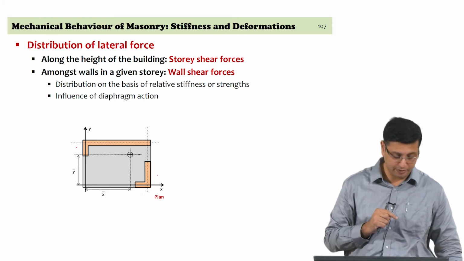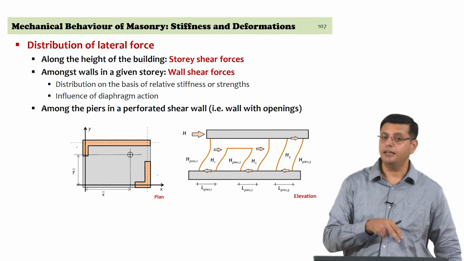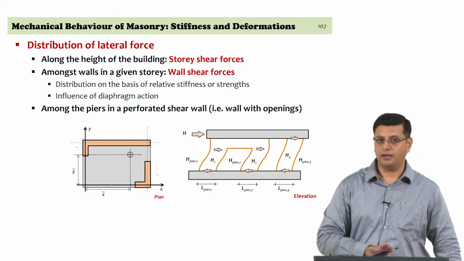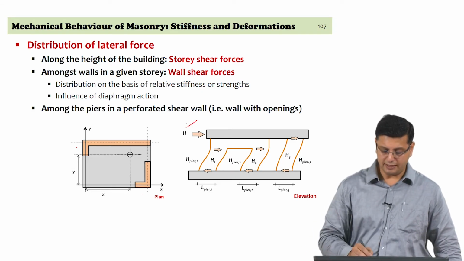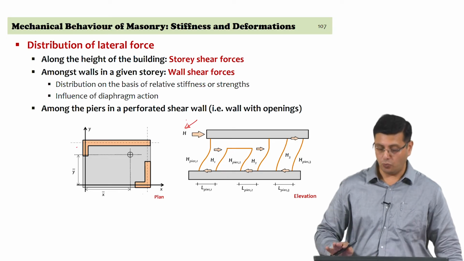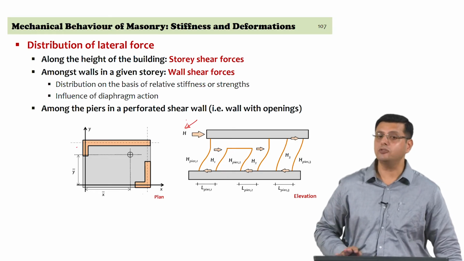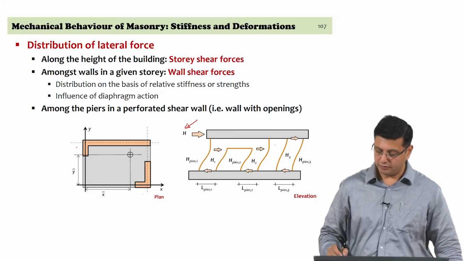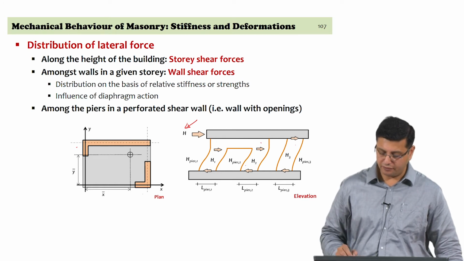And what are those elements? The next stage is, after I have established the wall shear, let us say H acting on the wall, and if this is a wall which has openings, then I have two openings here. There is one large opening at the end between this pier and this pier, and another door opening between the first two piers.